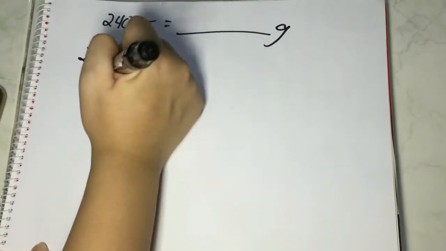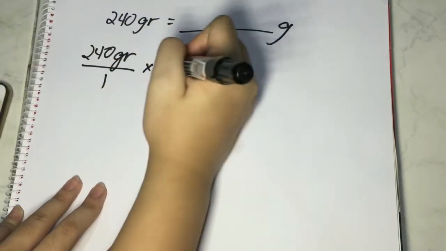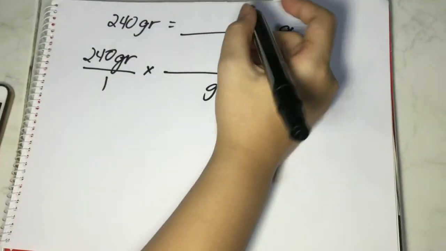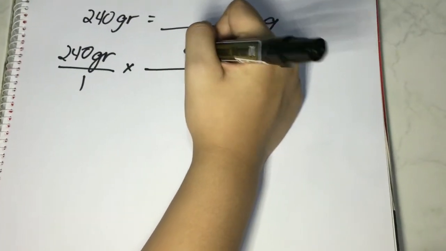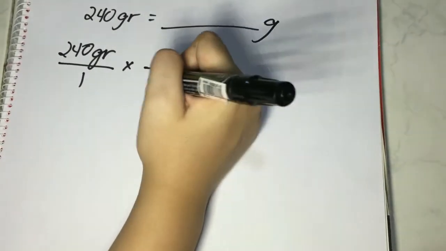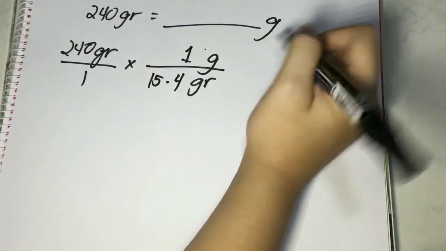240 grains times over 1 is equal to grams. How many grains are there in 1 gram? We look into our conversion factor and it resulted in 15.4.